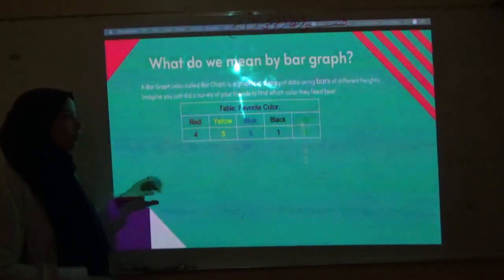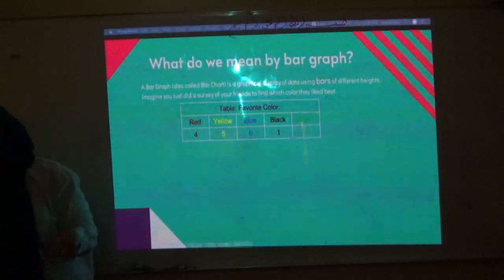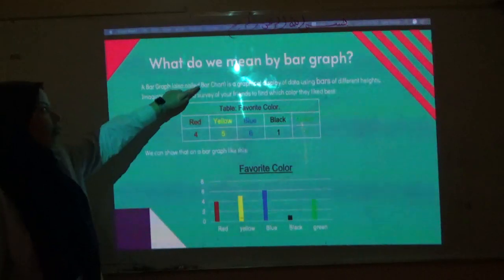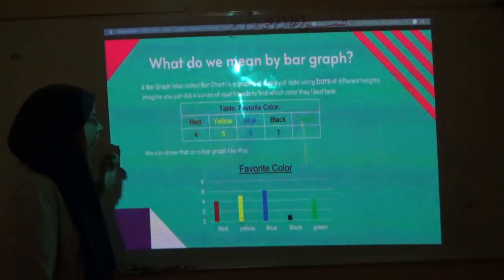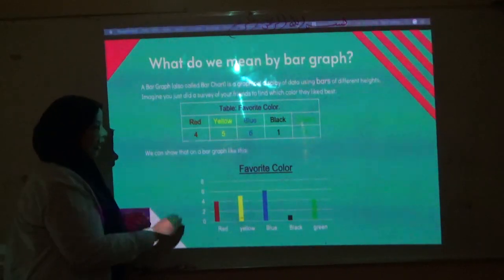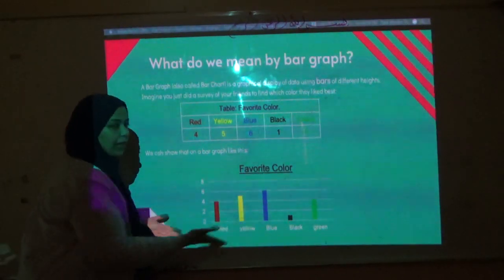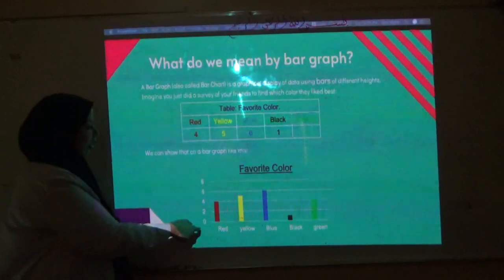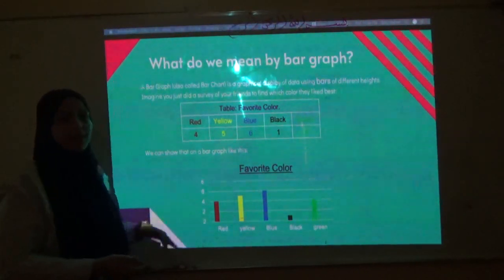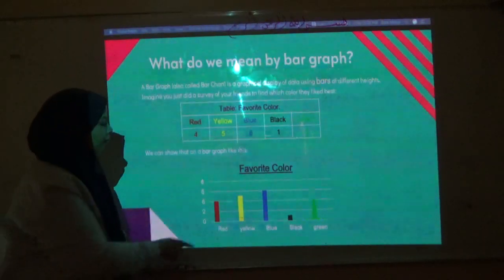So now we need to represent it in graph form, and of course we are going to talk about the bar graph. Here again I have the title. I have the axes that make up my graph. Here we call it the vertical axis. Vertical means ups and downs.